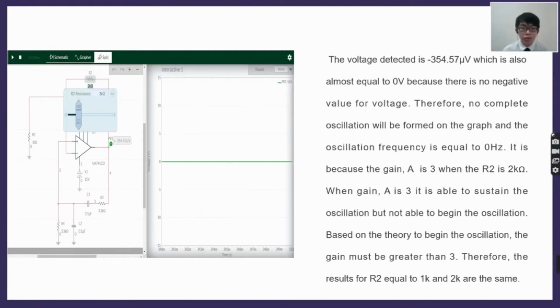When the gain is equal to 3, it is able to sustain the oscillation, but it is not able to begin the oscillation. Based on the theory, to begin the oscillation the gain must be greater than 3. Therefore, the results for R2 equals 1 kilo ohm and 2 kilo ohm are the same, in that they will not produce any oscillation in the graph.